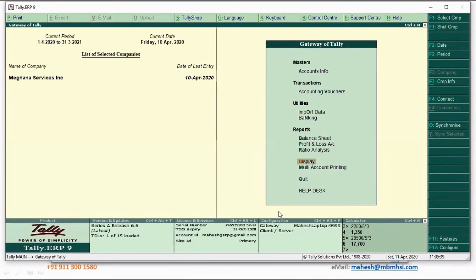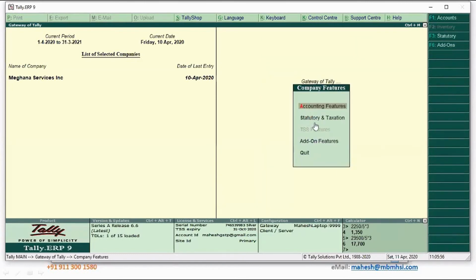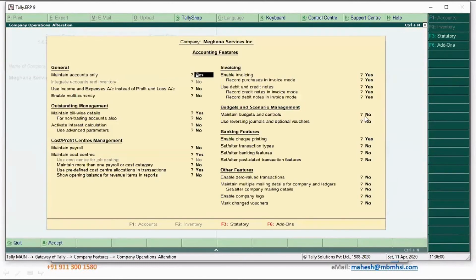Now let us see how budgets can help us in this service business, because when you are into projects, budgets are very important for us. For the same transactions, if you want to set up the budget, I go to my accounting features and enable budgets and scenarios.